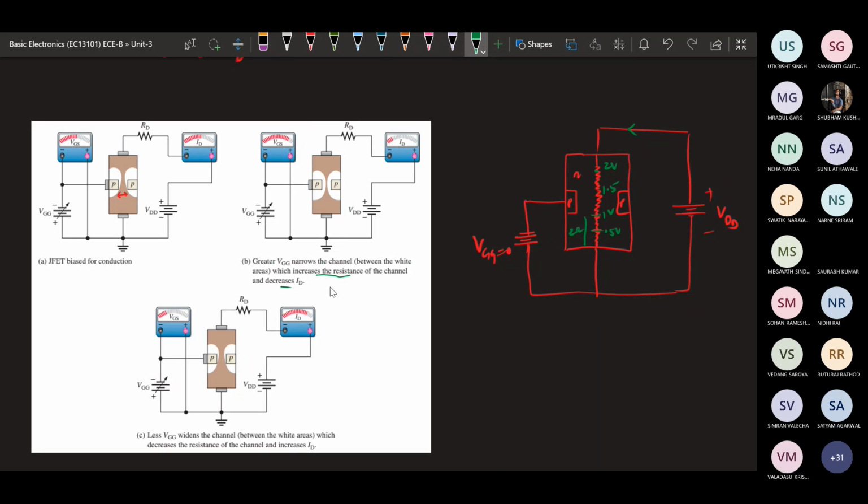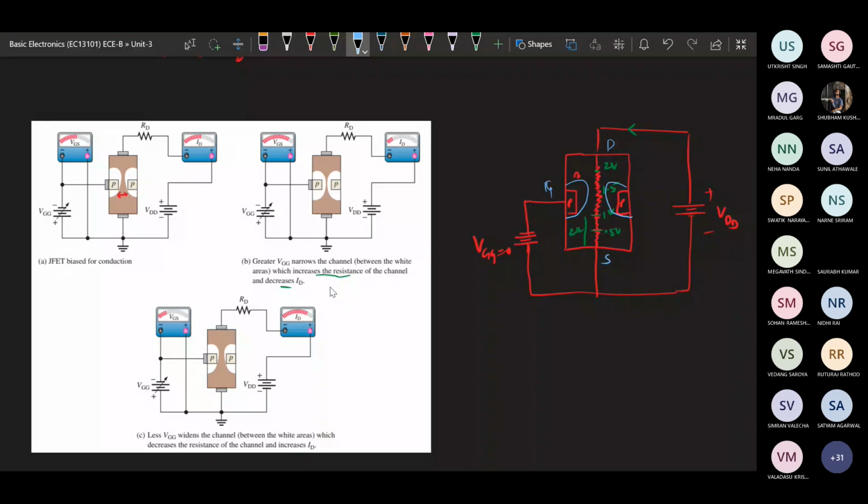One more concept is that the value of this depletion region is plotted like this. That means the depletion region on the upper side, the drain side, with this being the source, is considered to be higher than on the source side. Why?